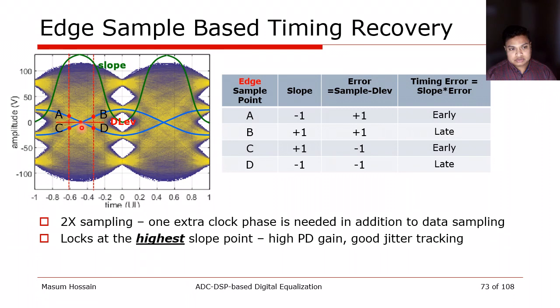Because we are sampling at the edge, we also need an additional clock phase to decode the data. This additional requirement of clock phase makes it less attractive, but the slope is at its maximum. That means it can provide high phase detector gain.